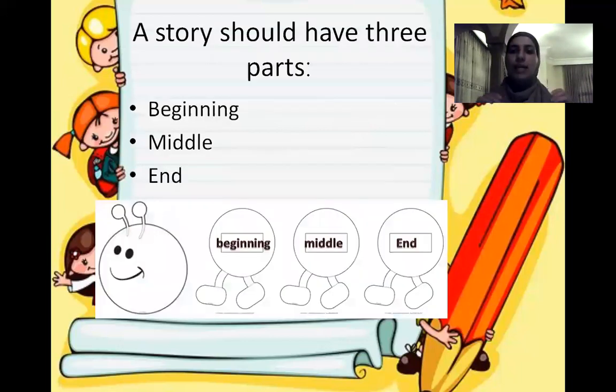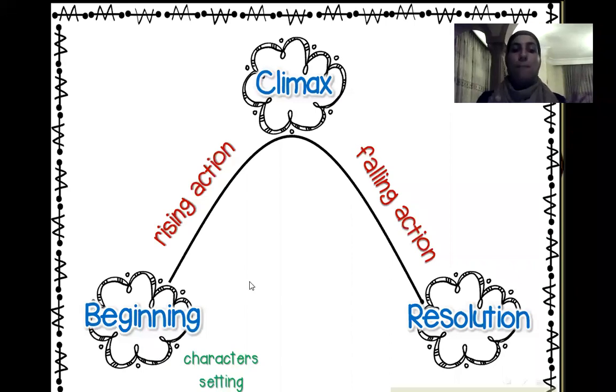Now, when you write a story, you should build the story of 3 parts. That means you need to have a beginning, a middle, and an end. The beginning of the story should include the characters and the setting.